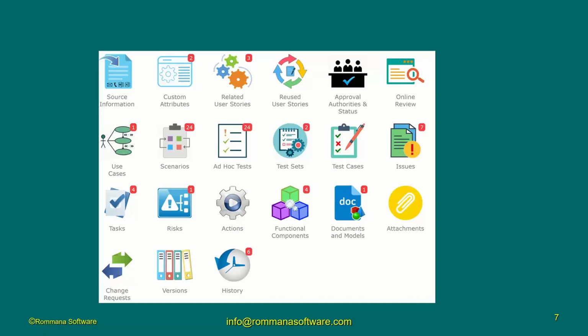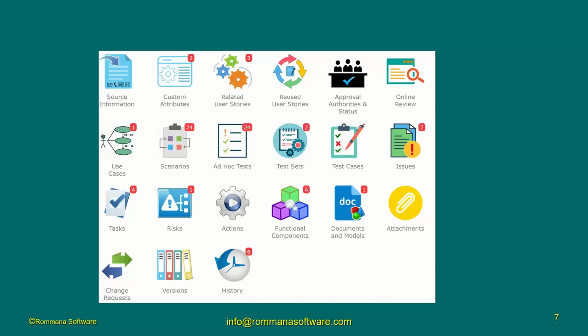When you define approval authority, you can define things like whether this needs to be approved or not, and if it needs to be approved, who is supposed to approve it? Is it more than one person, or only one person who should approve it?